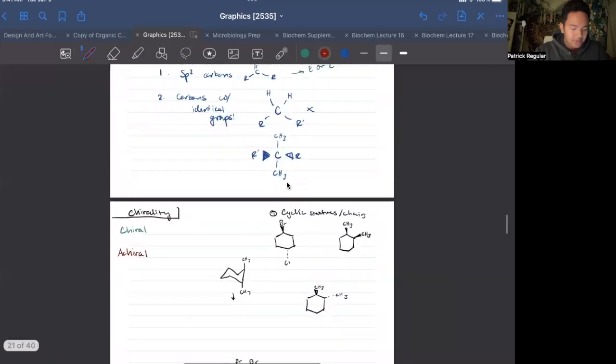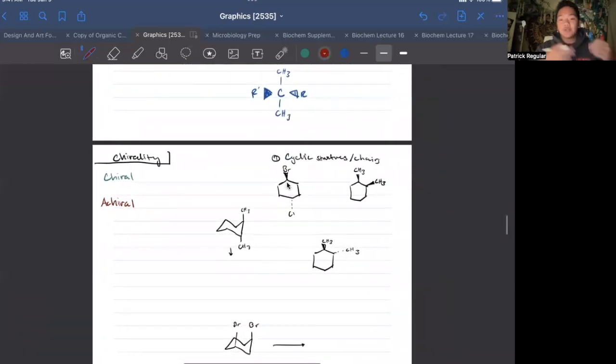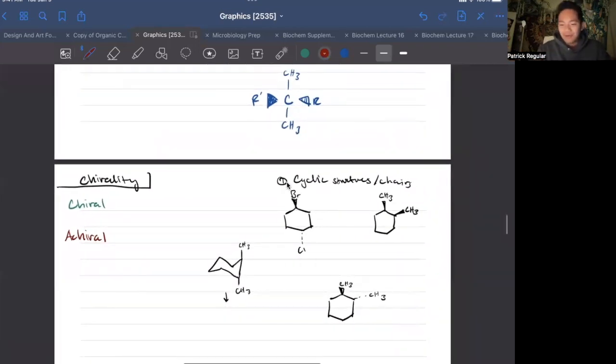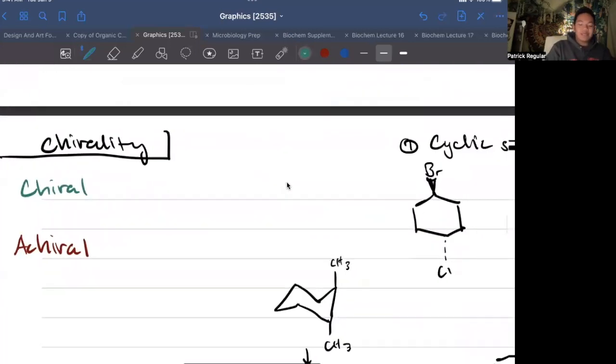Now let's take a look at actual structures. This is very important for the test. Chiral, by definition, means not superimposable.